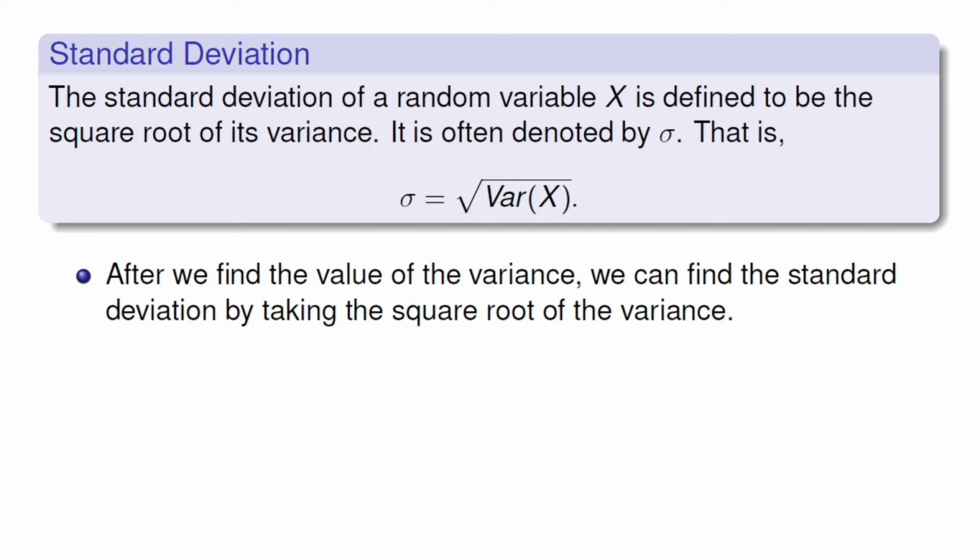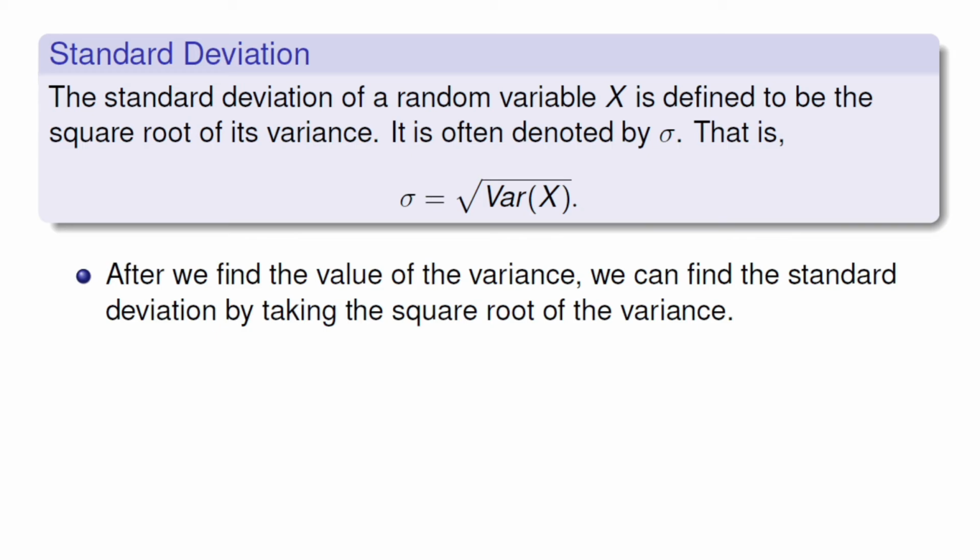In many cases, we are also trying to find the standard deviation, which is another measure of variability of a random variable. So what is the standard deviation? The standard deviation of a random variable x is defined to be the square root of its variance. It's often denoted by sigma.